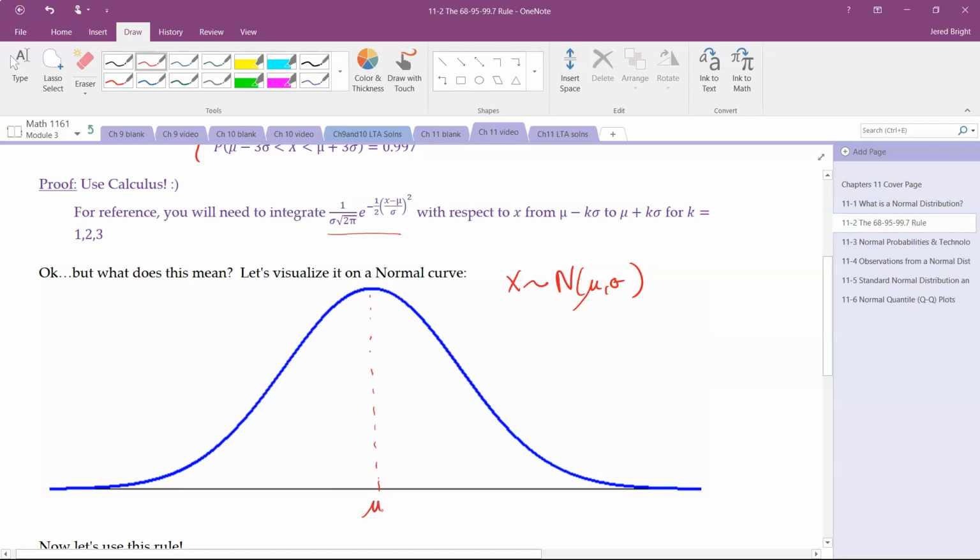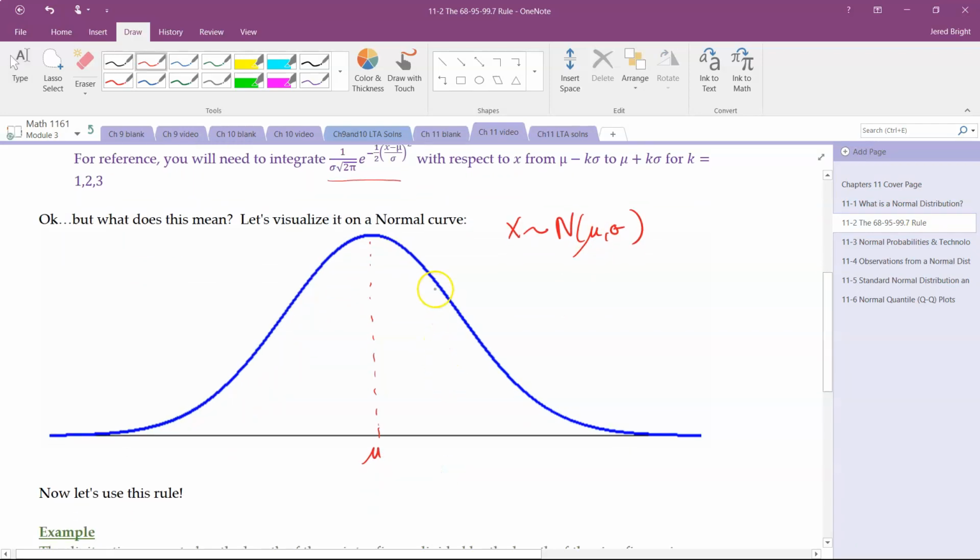So mean mu, and then if I go out to that first bending spot, right there, I'm going to call this mu plus the standard deviation, and then go to its symmetric counterpart over here. Call this mu minus sigma.